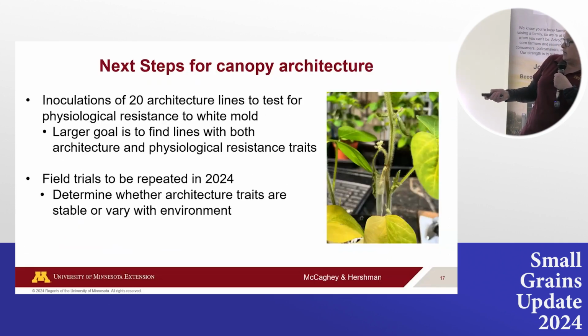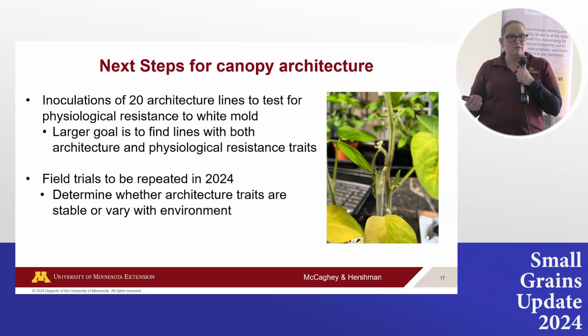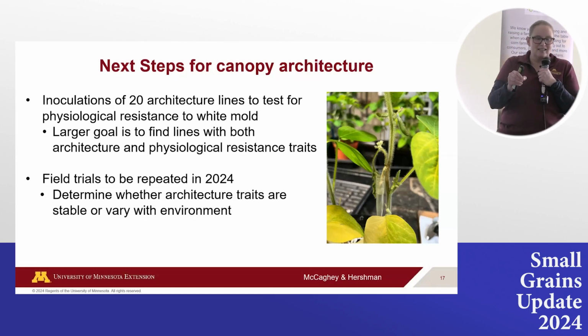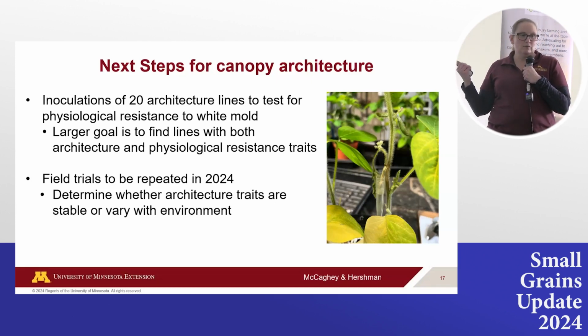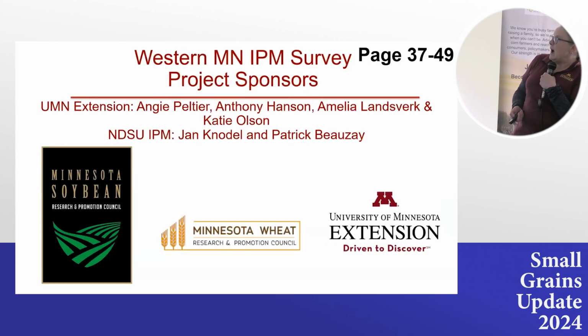So what they're doing now is testing for physiological resistance in the greenhouse, because it would be ideal if they could find physiological resistance in some of those varieties that also have some of those plant architecture traits that allow the plant to escape infection. So they're going to repeat their field trials in 2024 as well.